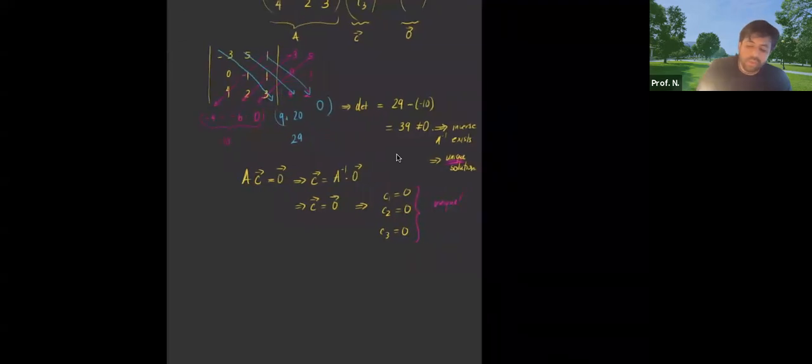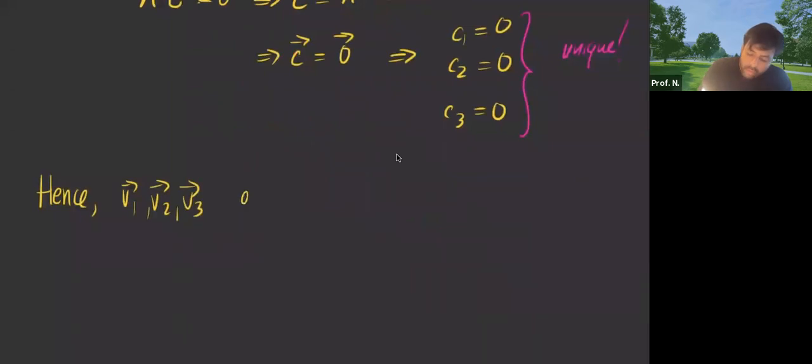So hence V1, V2, V3 are indeed linearly independent in R3.